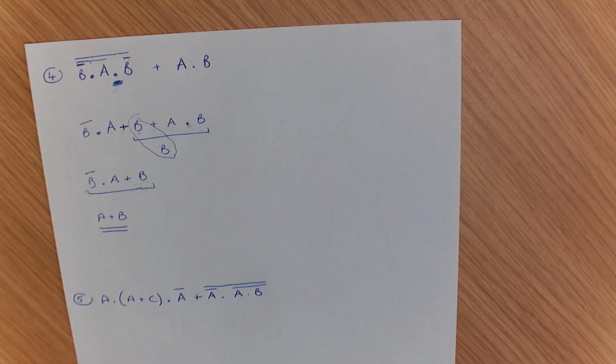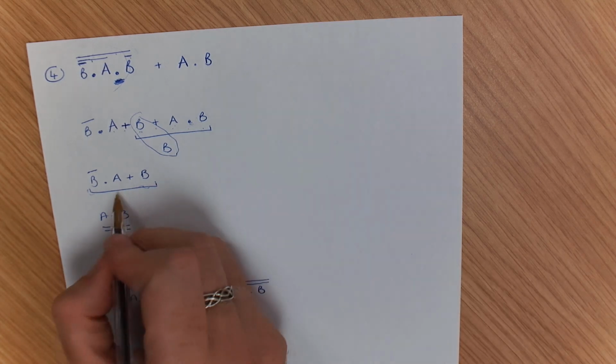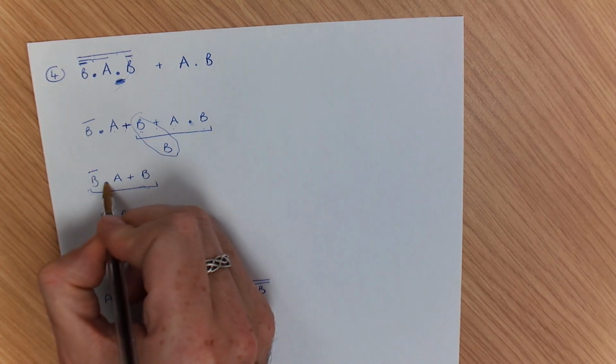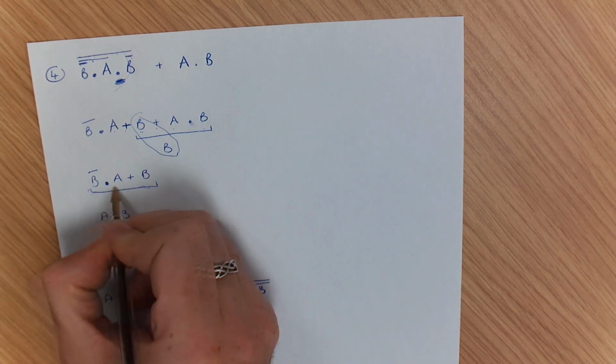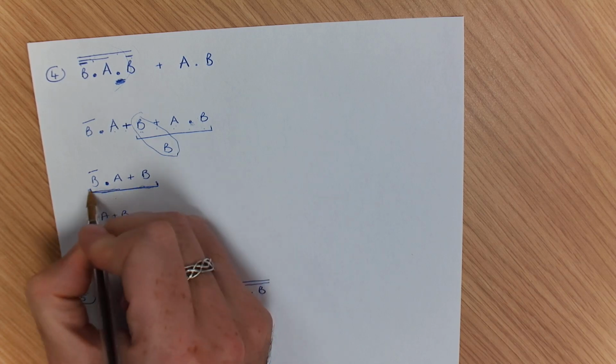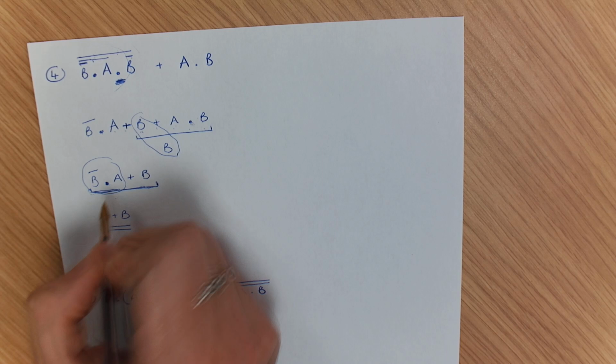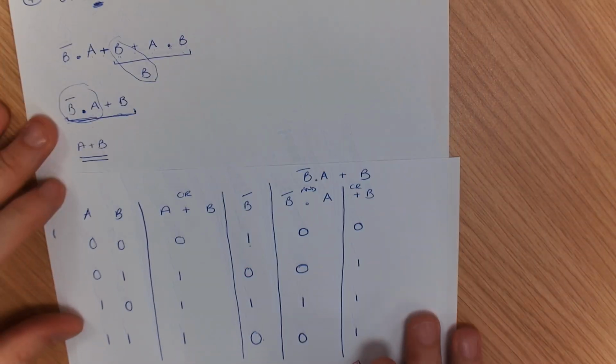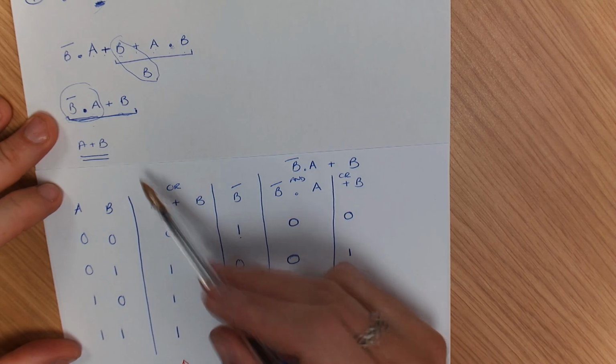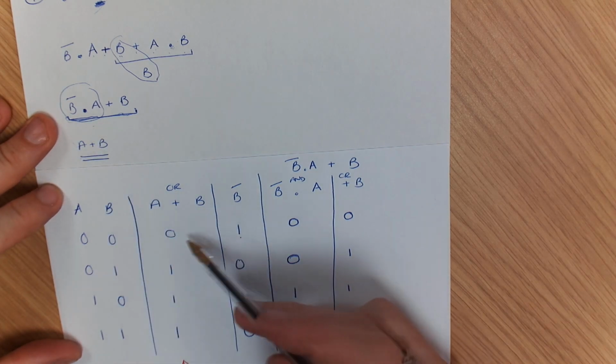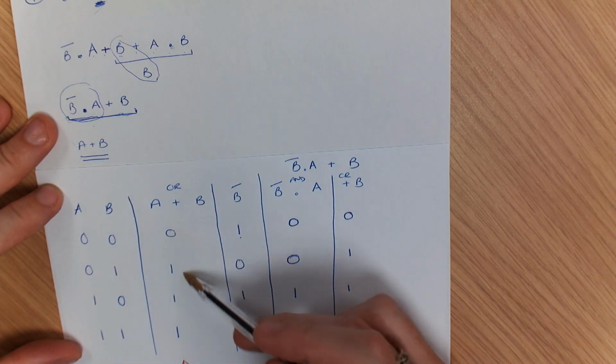Okay. Now, what you've got to remember is the dot takes precedence. So if you're going to put this into a table, you're going to need to remember to work out this bit first, which I'm going to show you now in a little table here so you can see how I've got that. So I've just worked out what our final answer is, and you can see A or B is 0, 1, 1, 1.